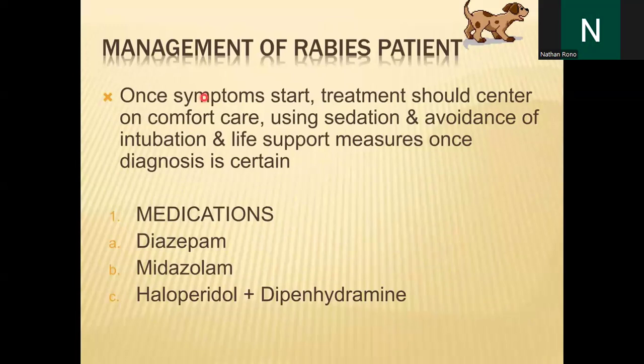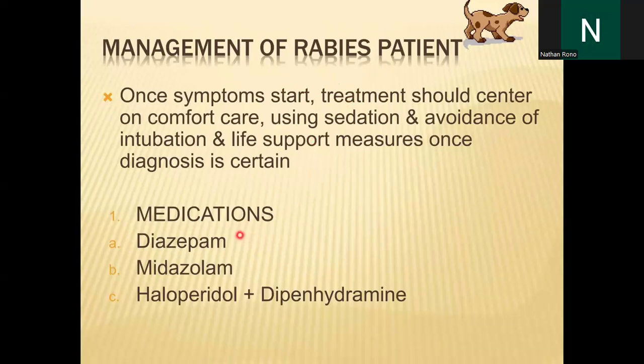So once you're bitten, rush to the hospital. You'll be given post-exposure prophylaxis, and you'll be okay. So that's why deaths due to rabies are not that common, unless you have no clue at all. You were bitten and you just sat down at home.